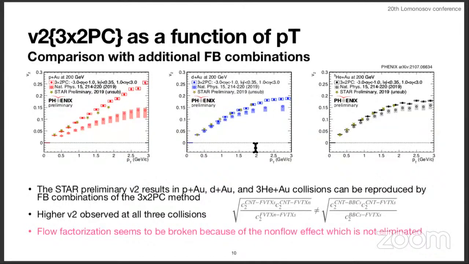But if you look more closely, you can see that the higher multiplicity events recover the flow factorization more than the smaller collision systems like p+Au.